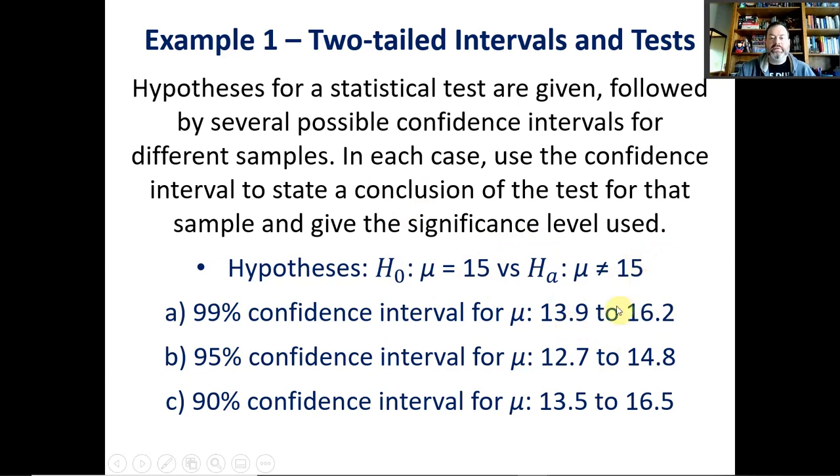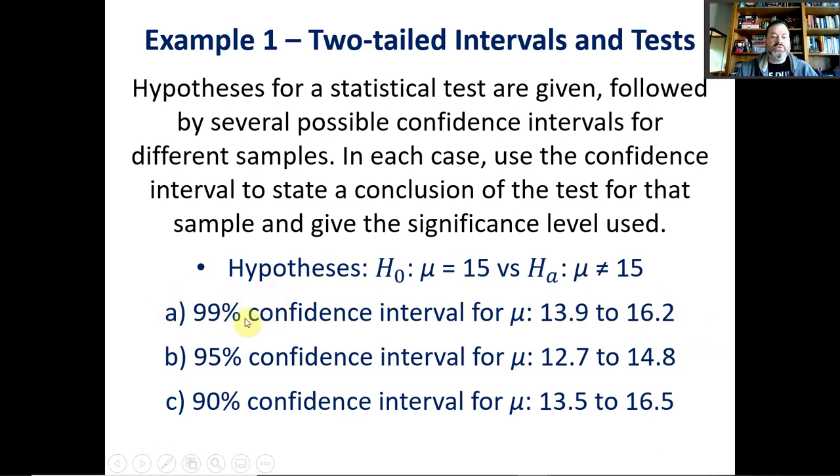If this number is in the confidence interval, then it's believable or plausible, and if it's believable, then we do not reject the null hypothesis. So 15 is in this interval, which makes it plausible, so we do not reject. But what is the significance level? Well, we have to use the formula.